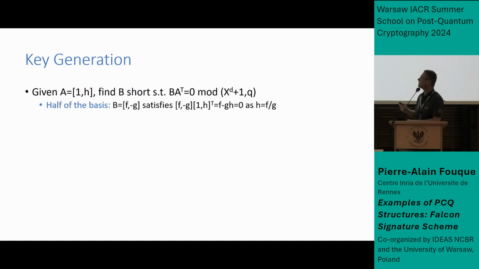However, we need another vector that satisfies this equation. This means that we want to solve what is called the full trapdoor problem.